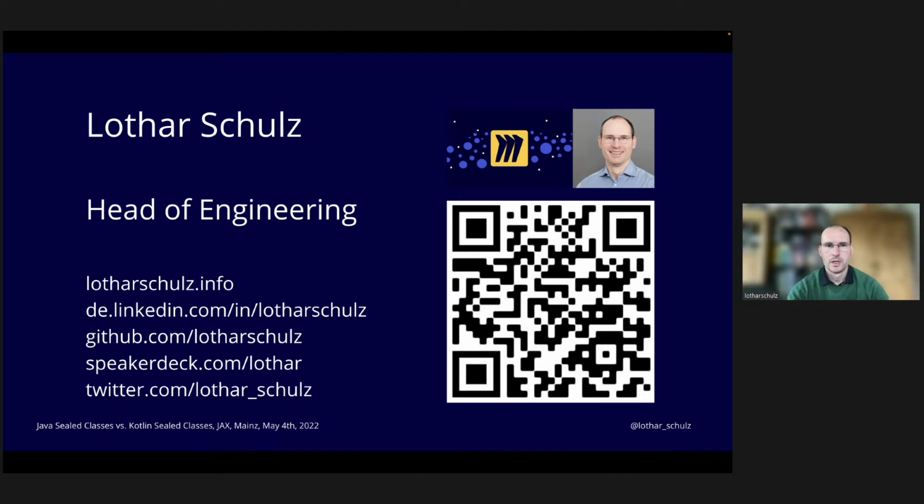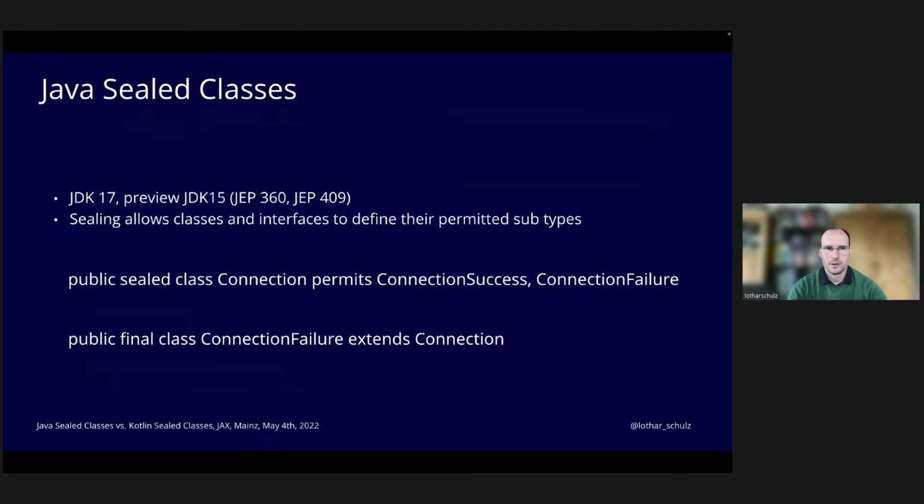So let's talk about the actual topic: Java sealed classes versus Kotlin sealed classes. Why did I choose this topic? I like coding with Kotlin. I like coding with sealed classes and data classes in Kotlin, and the latest JDK 17, the latest LTS, provided sealed classes for Java as a feature.